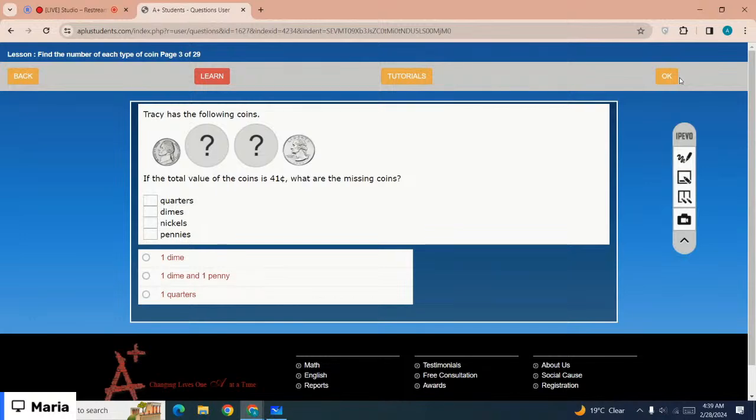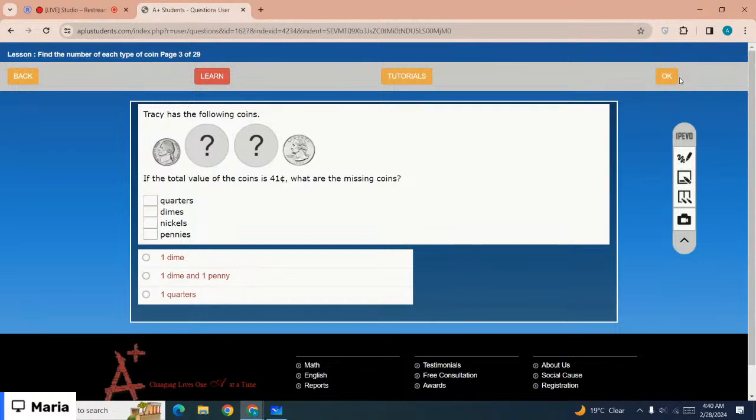Tracy has the following coins. If the total value of the coins is 41 cents, what are the missing coins? Which option is the correct one?